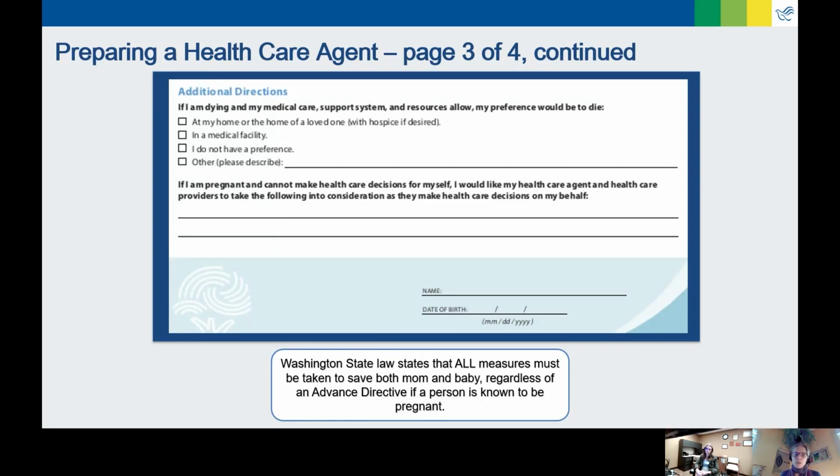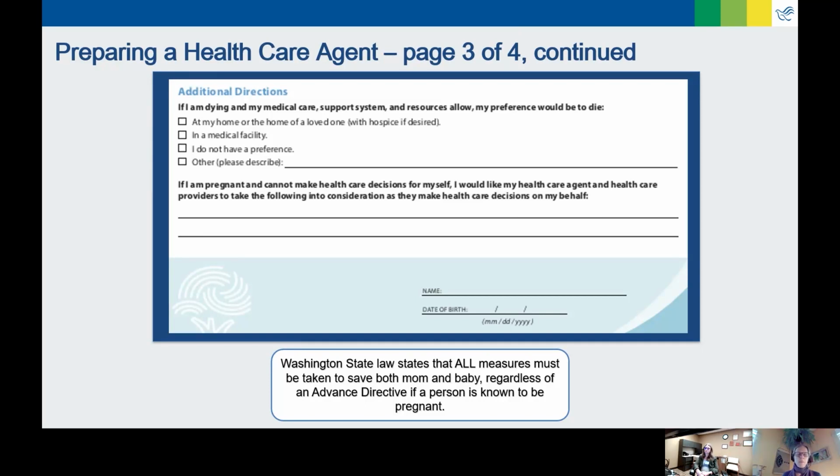So lastly, on page 3 of 4 is additional directions around two key components of care. One is if you were dying and medical care support system and resources allow, what are your preferences as far as where you go through your dying process? Would you prefer to be at home or the home of a loved one? Again, if care is available and resources allow, with hospice if desired.